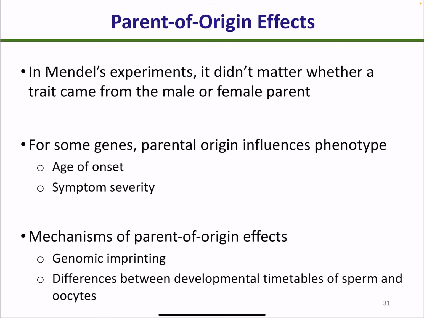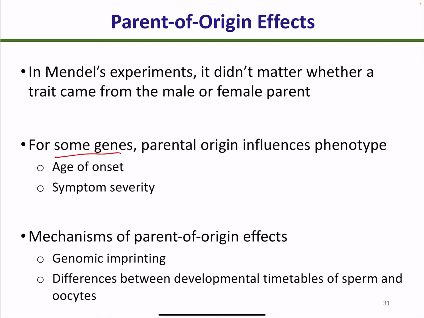So for some genes, the parent of origin, whether they are dad or mom, is going to influence the trait. For instance, for males, when you reach a certain age, there are some issues that are more likely to happen in the offspring than they would in young folks, right?